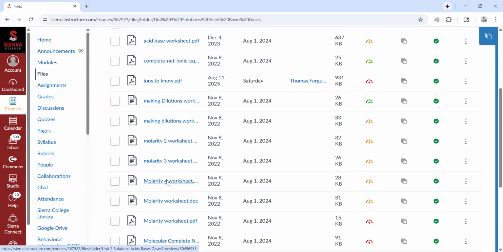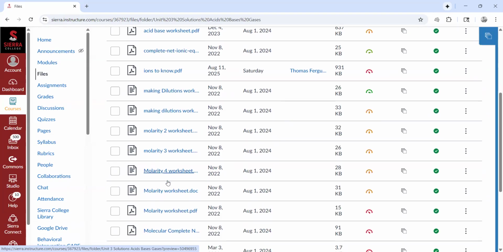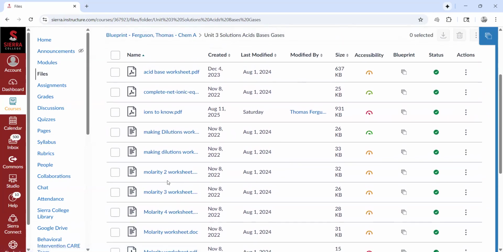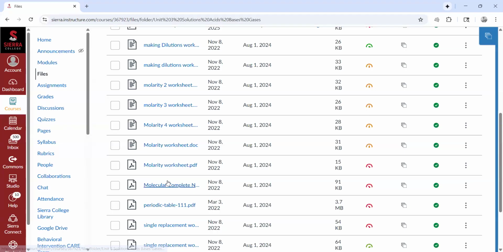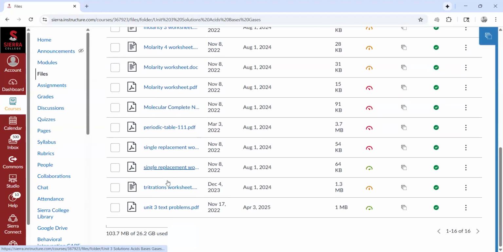So there's at least 6 or 7 molarity worksheets, dilutions worksheets. Now, we haven't talked about titrations yet or acids and bases, but there's worksheets for that too.